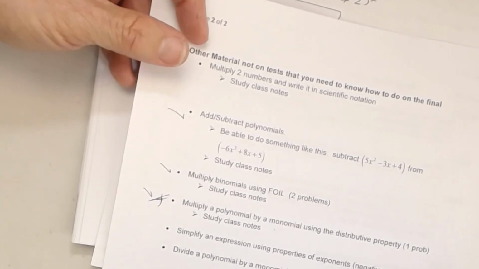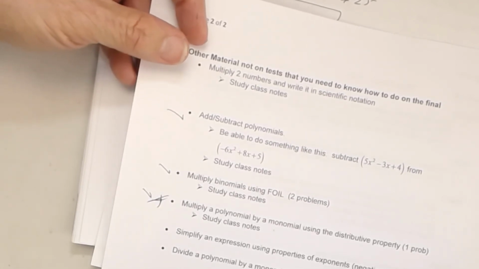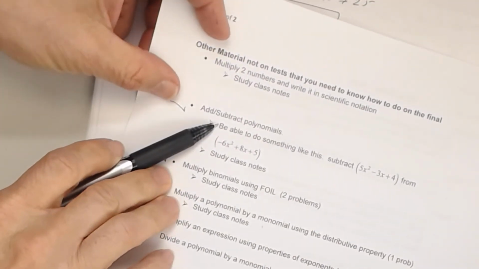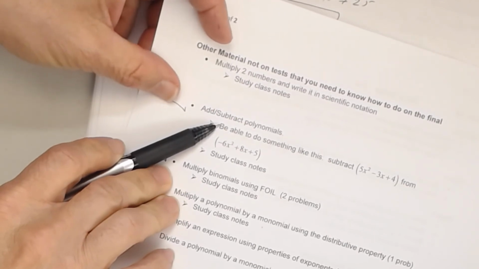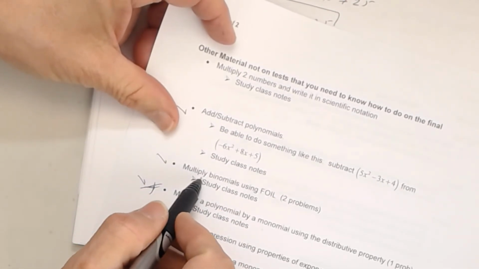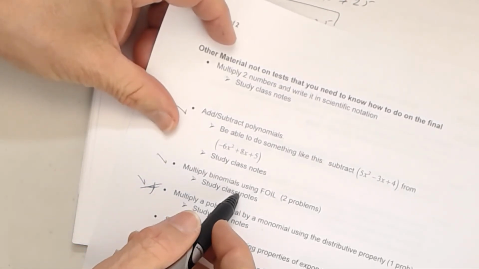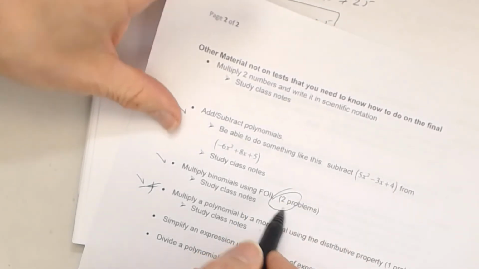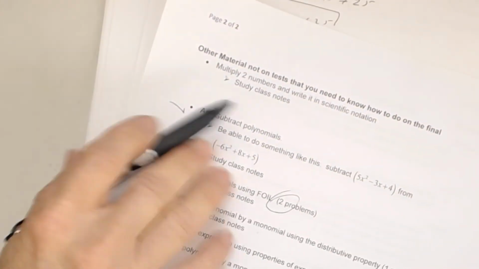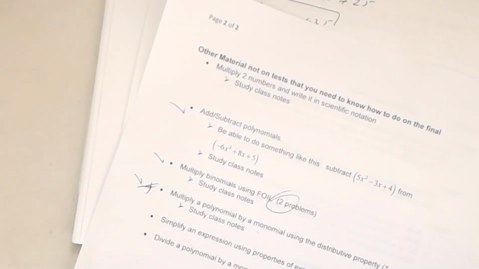Then we did a binomial. Oh, that's right. So this right here, where you were using FOIL, there are 2 problems. One is where it's already written as 2 binomials multiplied together, and one is where you had the binomial squared. You have to write that as what? 2 binomials. Okay, so you see the 2 problems? Okay, so that's 4 altogether. That's 40 points. I like the second to last one like we just did.